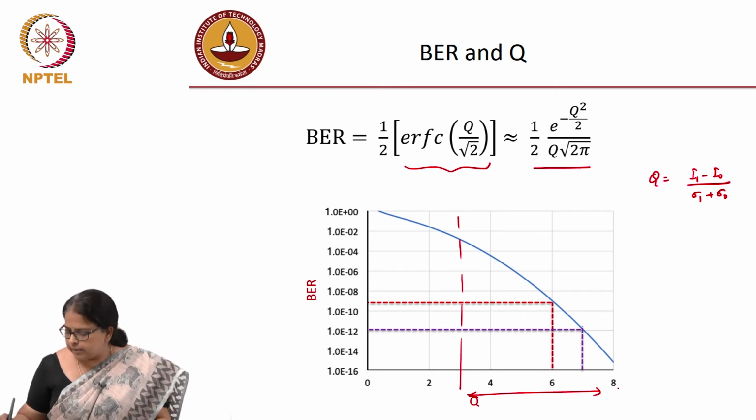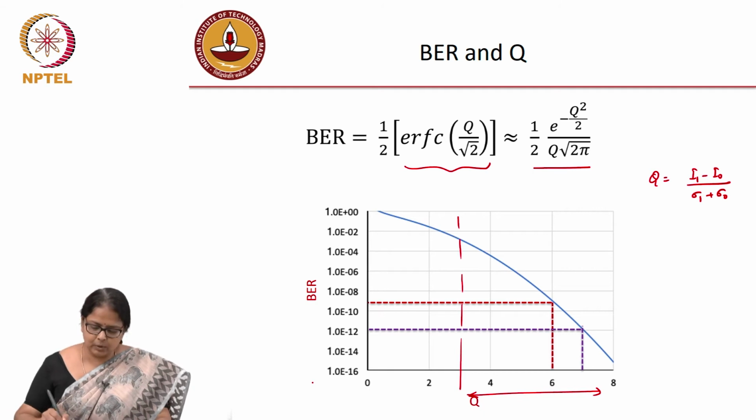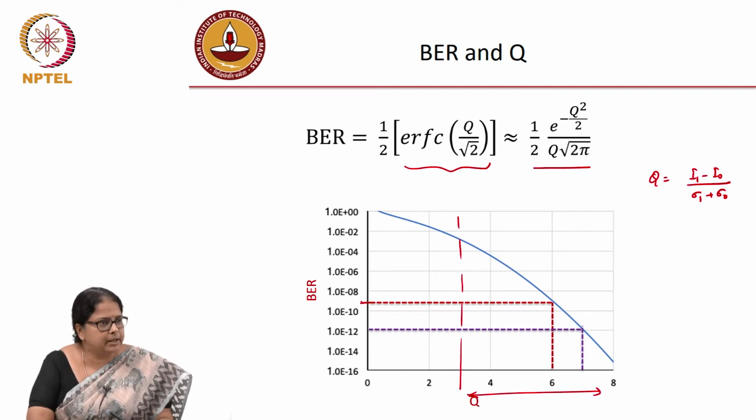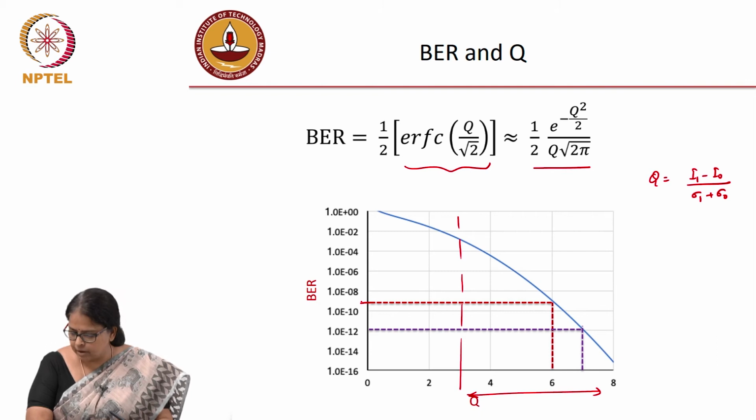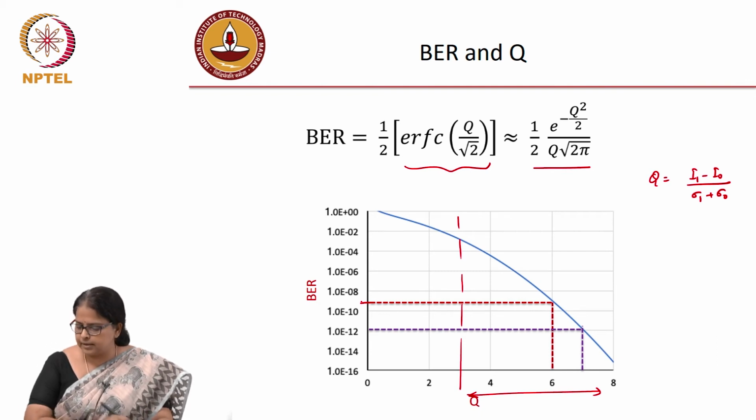And as your quality factor improves, the probability of making an error has to go smaller and smaller, and that's what is indicated here. It is interesting to note certain numbers. 10 power minus 9 is what is expected for an optical communication on-off keyed system, and the corresponding Q requirement is 6.